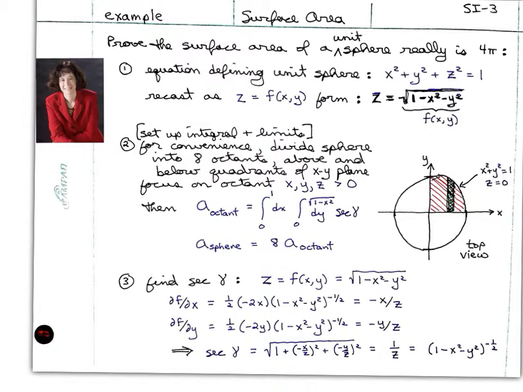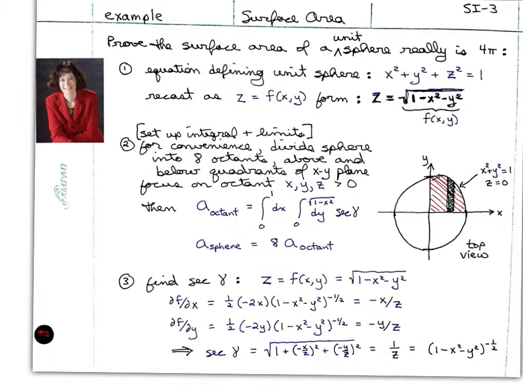Next, we need to set up the integral and the limits that we're going to use. We want the area of the full sphere, but half of it would be above the xy plane, half of it would be below. The two halves are going to give the same answer, so let's focus on the half that's above the xy plane, as in our method.